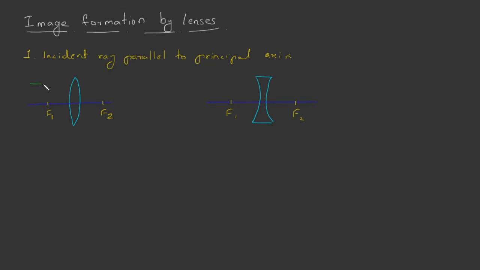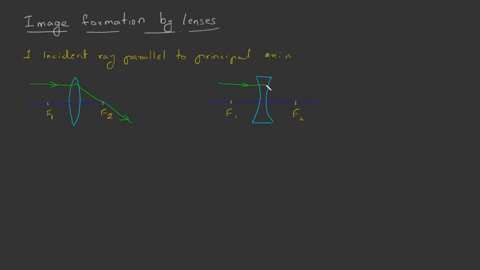So here we are considering the incident ray parallel to the principal axis for both the lenses. For convex lens, this ray will pass through the principal focus on the other side of the lens.